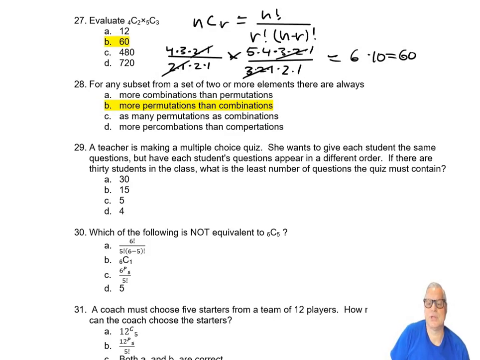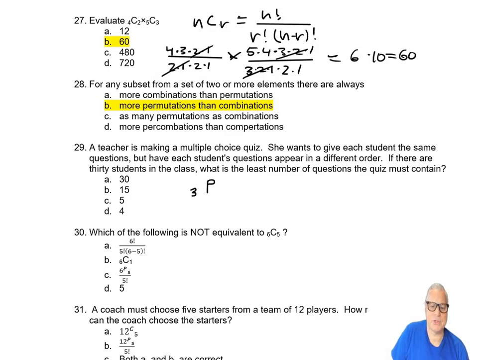She wants to give each student the same questions, but have each student's questions appear in a different order. So that's clearly concerned with permutations. We need to have 30 different permutations.